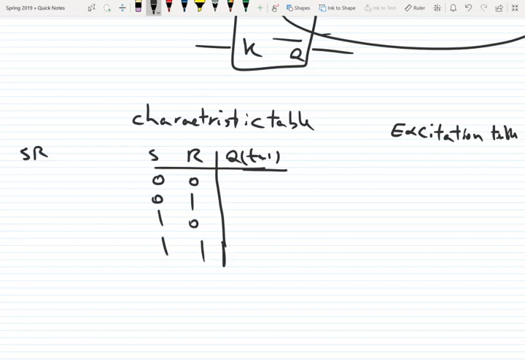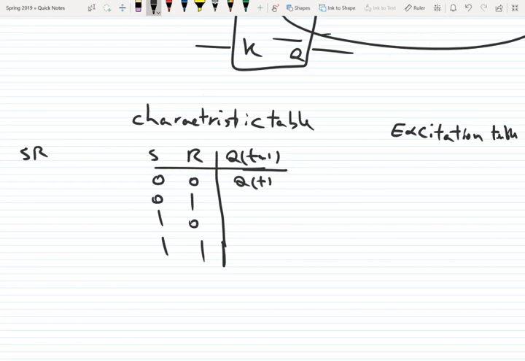Do you remember what was the output of the characteristic table? I will tell the SR flip-flop, but for the JK flip-flop, I will ask you. So you need to help me write the characteristic tables. For the SR flip-flops, we know that if S is 0, R is 0, Q of t plus 1 is the same as Q of t.